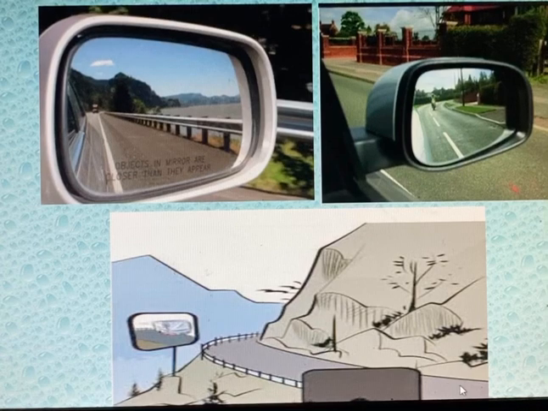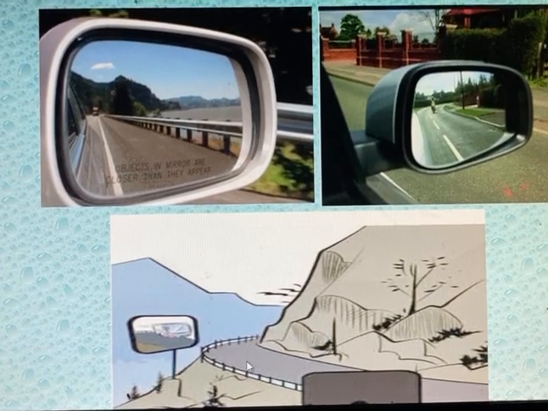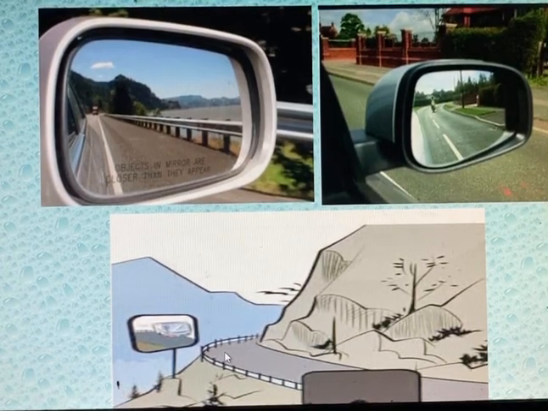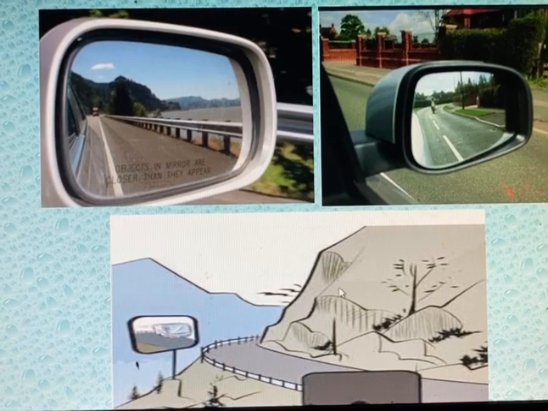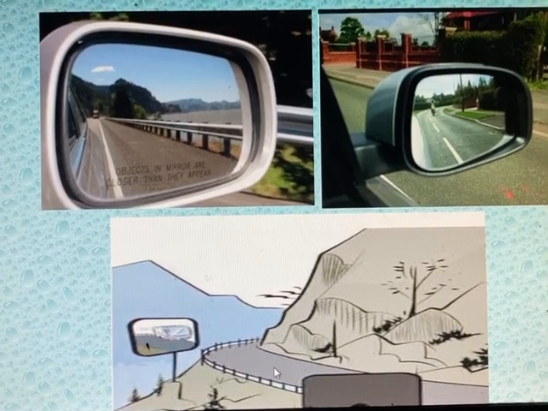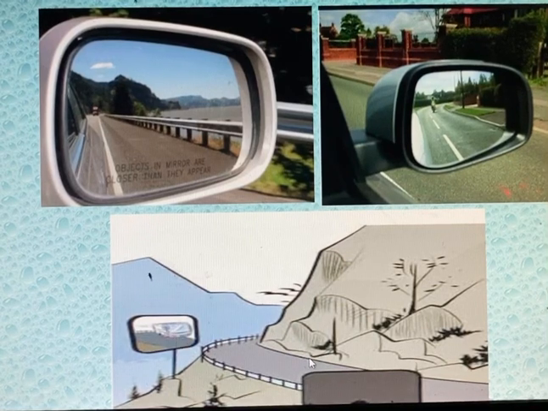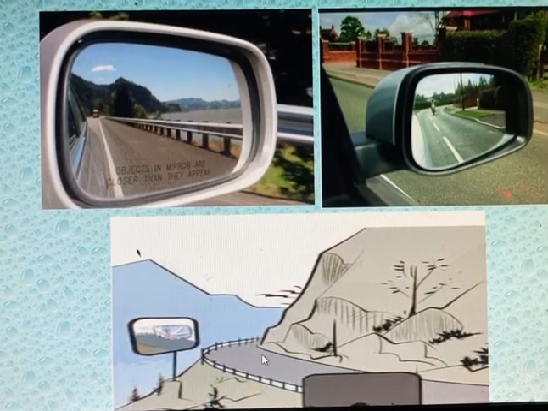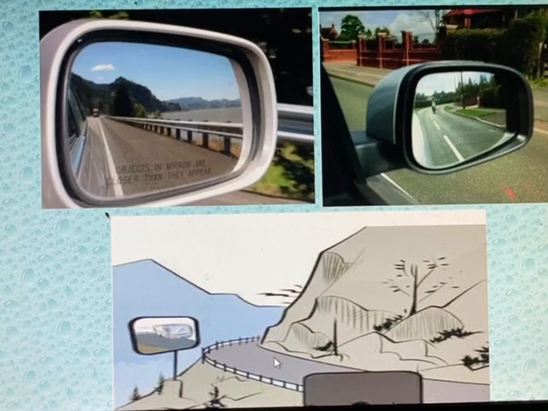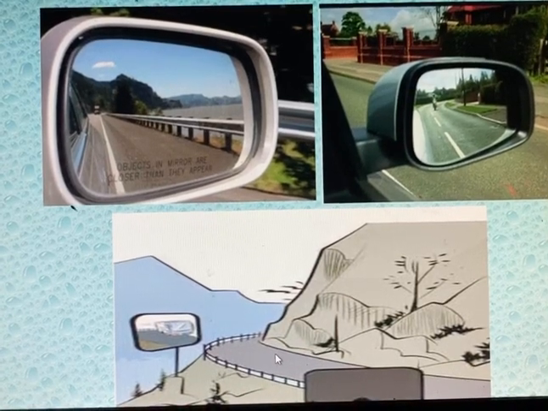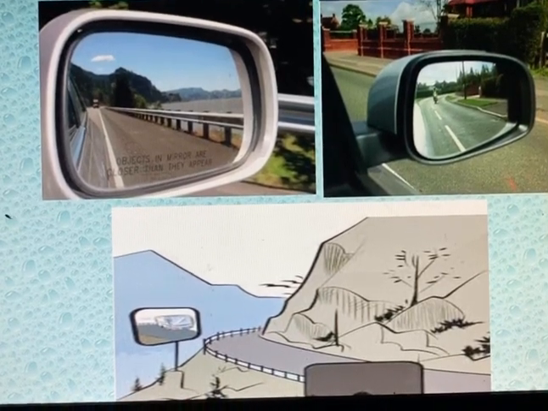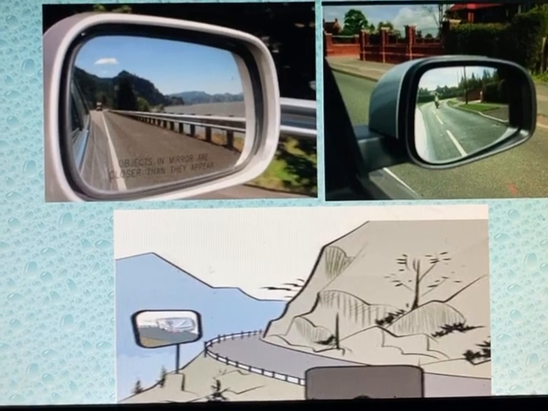See, when a car is driving from this side, how could the driver know whether something is coming from the other side or not without this mirror? So the driver can easily understand that something is coming from another side. So for safe driving, mirrors are very essential for avoiding accidents.